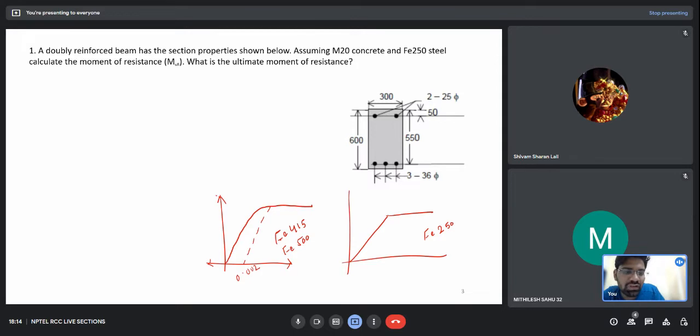There is no nonlinear zone in this Fe250. I think in lower classes you must have studied this, so you should remember this as well.